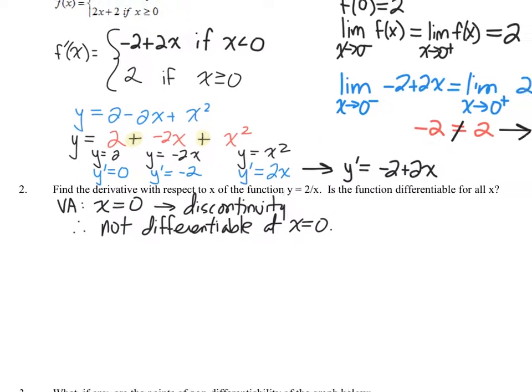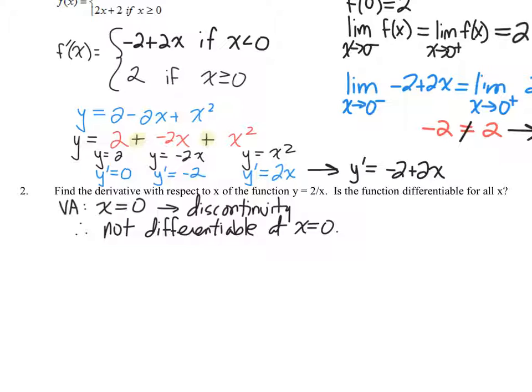All right, so we start with that. So we know part of the final answer. Is it differentiable for all x? Well, no. But it did say specifically for us to find the derivative of the function 2 over x.